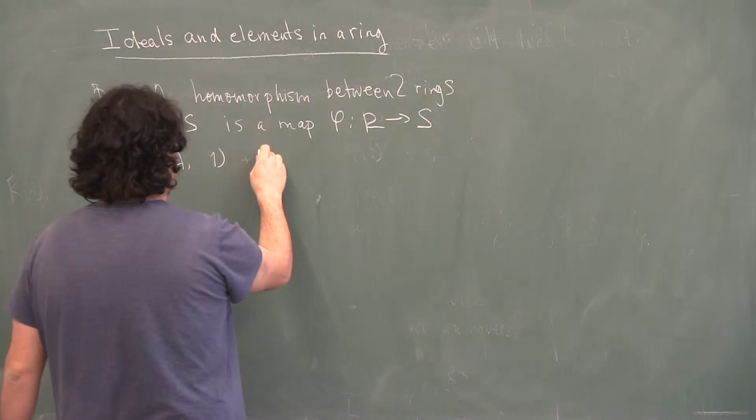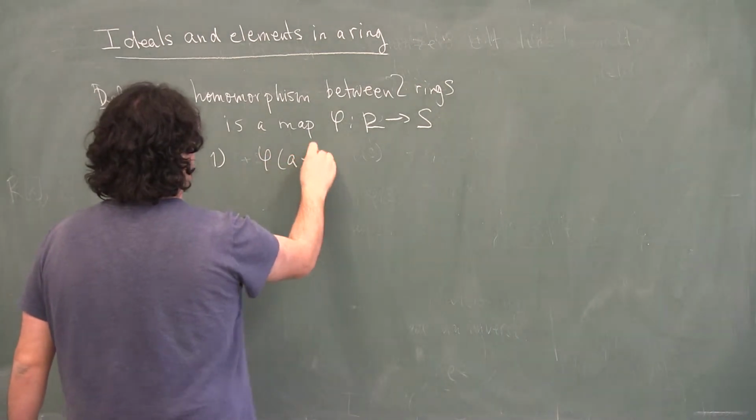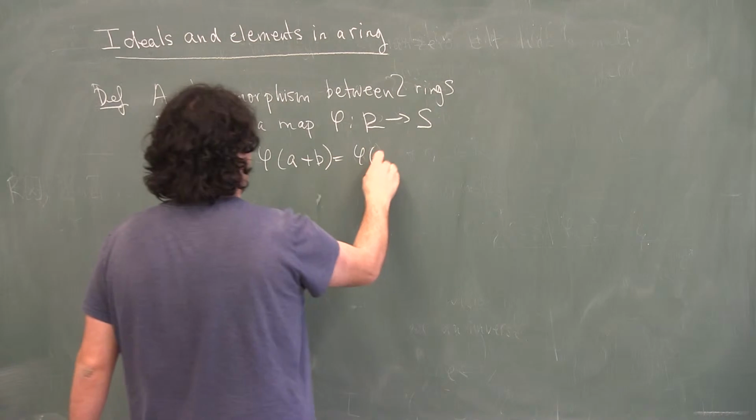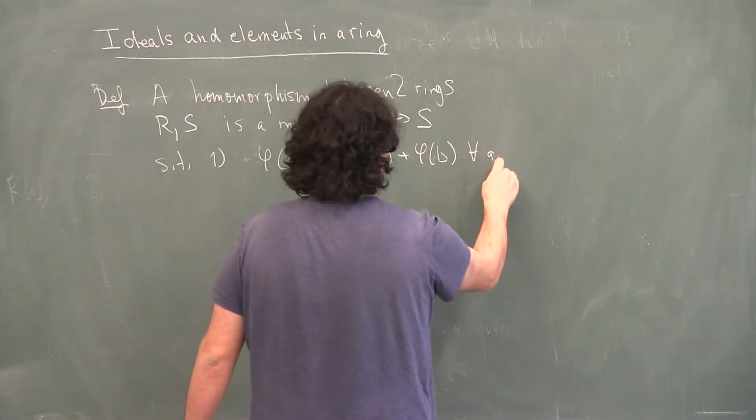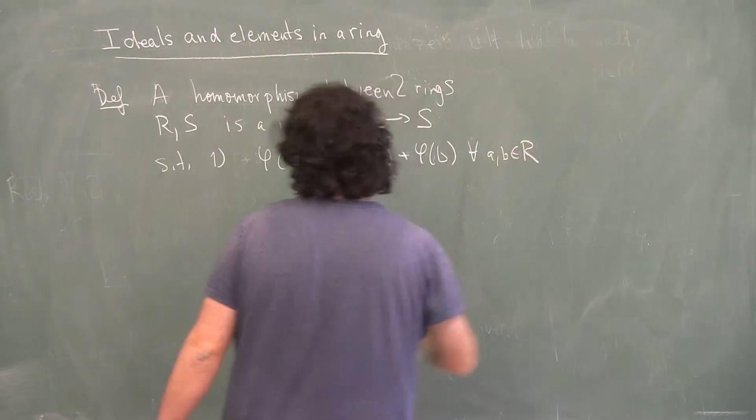So that will say that phi of a plus b is equal to phi of a plus phi of b for all a, b in R.